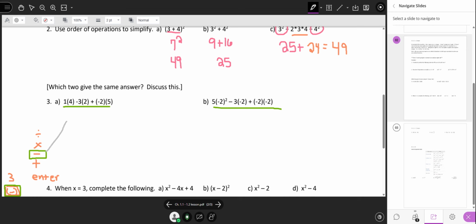So this minus key can be used here and here. Of course, plus and plus.